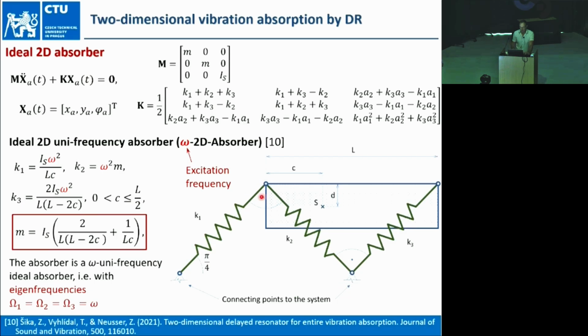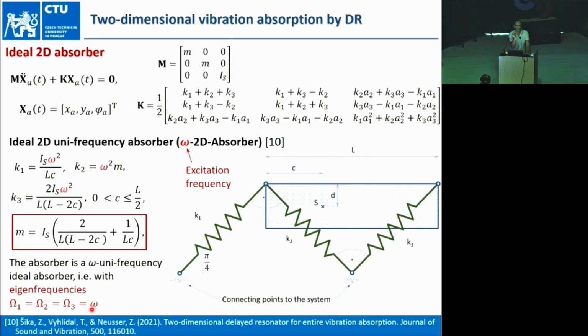We have found out that we also need to look at the mass of the absorber and moment of inertia. They cannot be selected arbitrarily, because what we need at the end is to have 3 eigenfrequencies of the absorber being unified. This is what we want to achieve, and actually we want to merge them or place them to the excitation frequency.